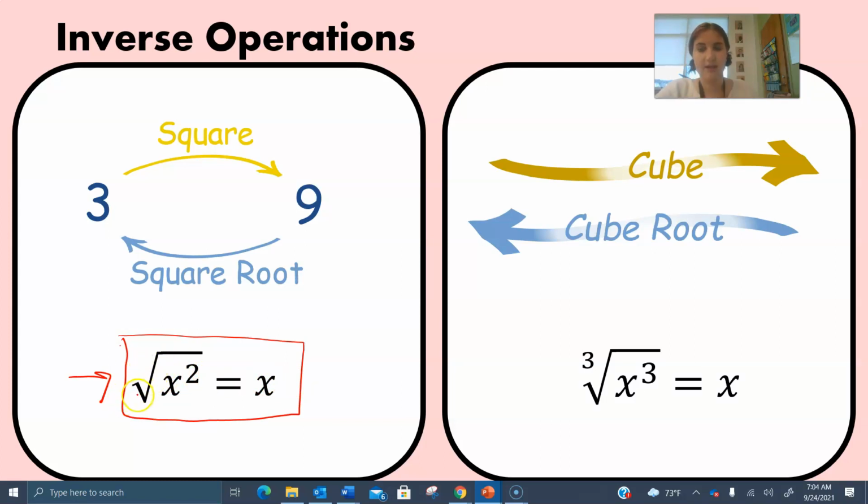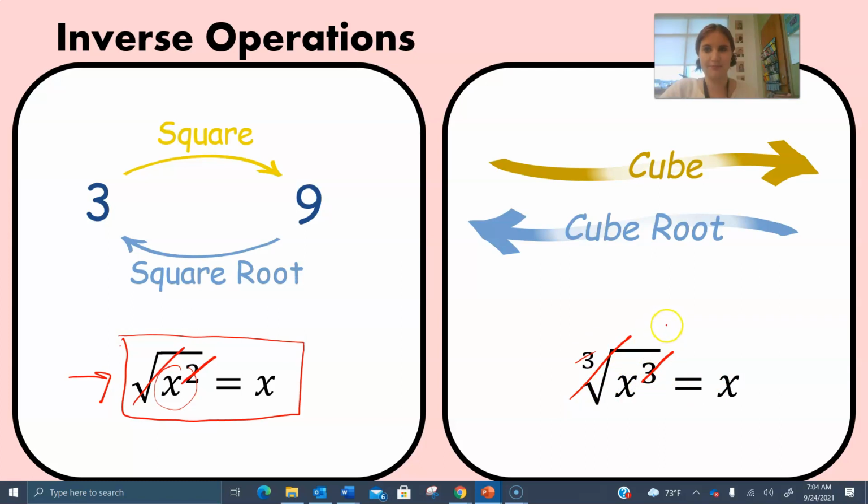This is because the square root and the squared are inverses of each other. They're opposites, so they cancel each other out, and I'm just left with x. And over here, the cube root of x cubed equals x, because cube root and cubed cancel each other out, so I'm just left with x.